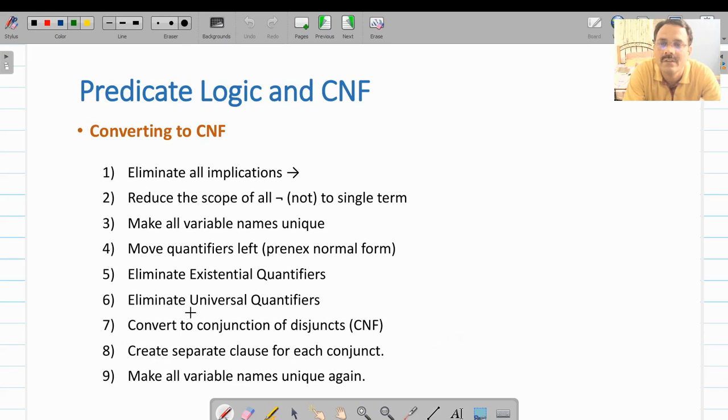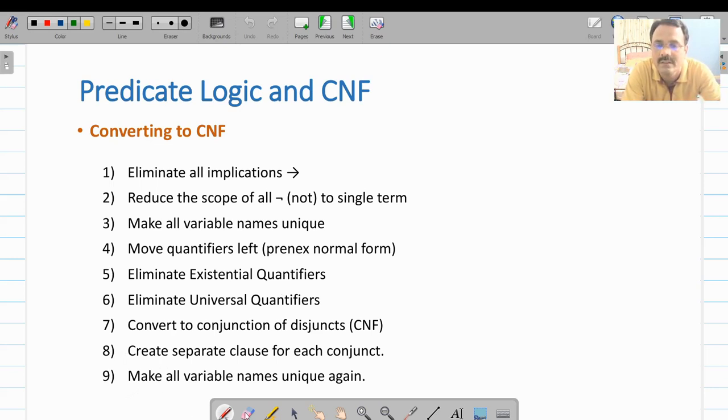Every time it is not necessary that all steps be applied on a given statement, but the statement will go through the 7 steps, and then sometimes you need to apply steps 8 and 9. So let us see how to do this.